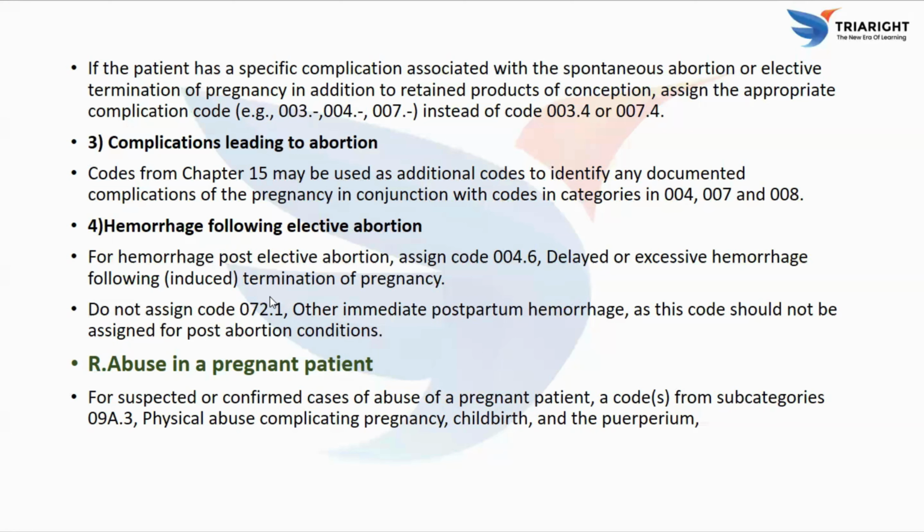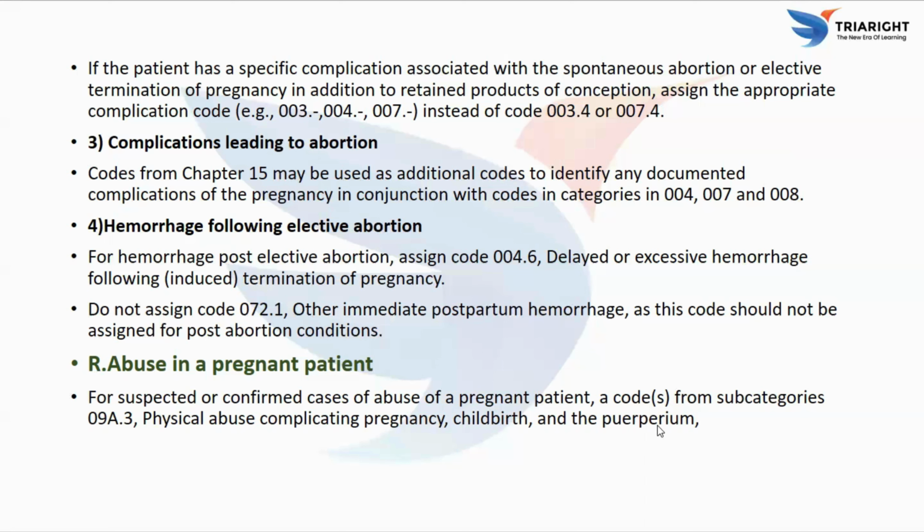So this exactly describes bleeding after an elective termination. So you should not assign code O72.1 because O72.1 is only for the bleeding after childbirth but not the abortion. So after an elective abortion, bleeding is coded under O04.6 but not the postpartum codes.